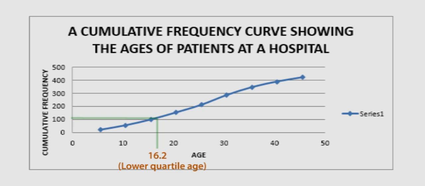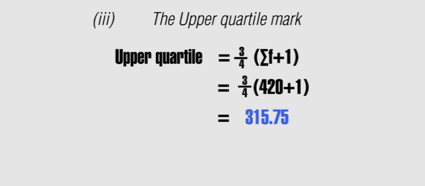What about the upper quartile? The upper quartile is just 3/4 of the total frequency position. So instead of 1/4, this time around it is 3/4. So 3/4 of 421 will give us 315.75 position on our cumulative frequency axis.